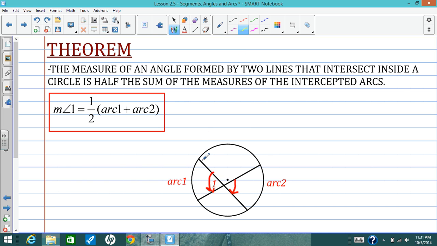And sometimes we like to say we get a bow tie formed. So the arcs that are part of the bow tie, if we add those together and multiply by 1/2, or again we can just add them and divide by 2, we'll get the measure of that angle.